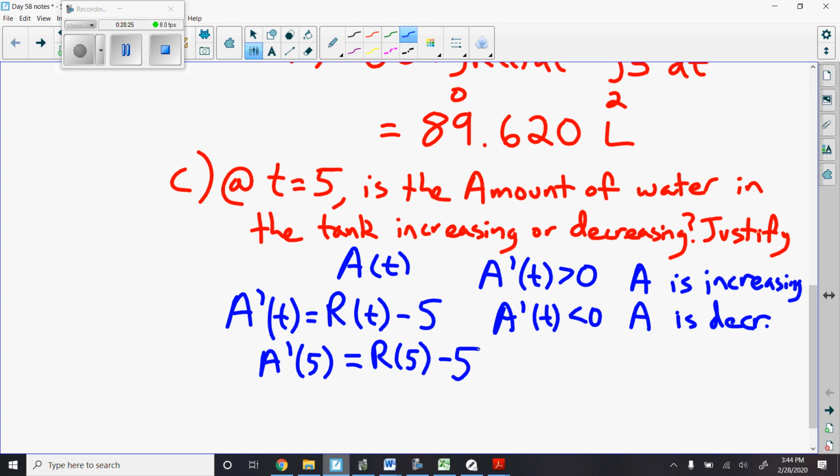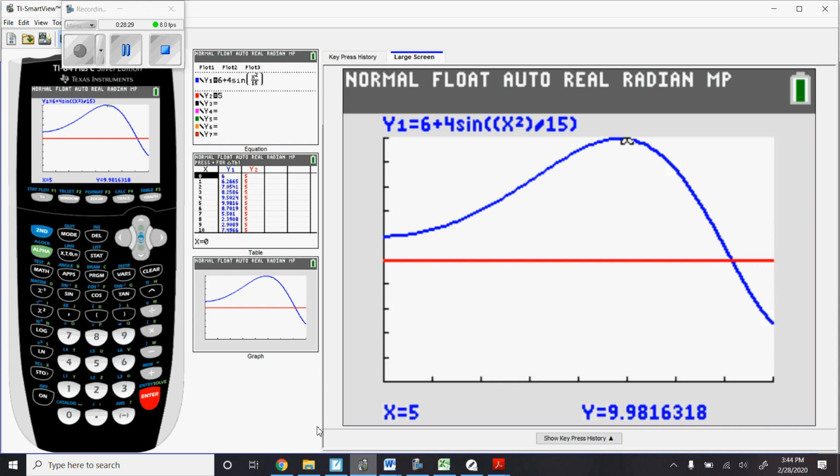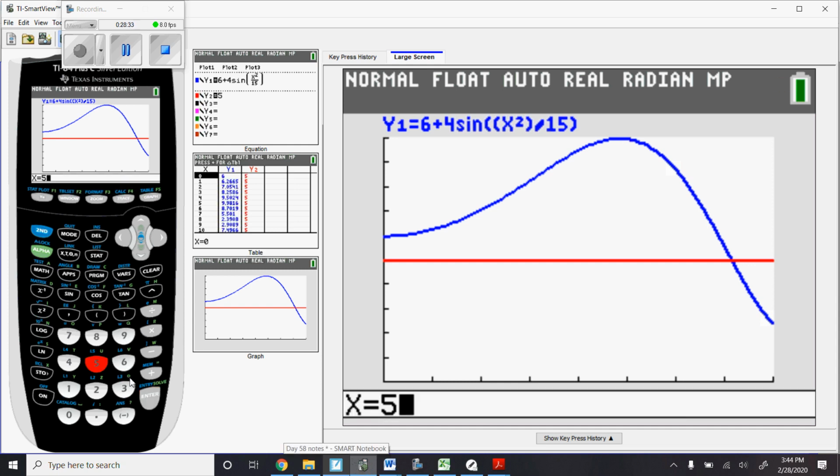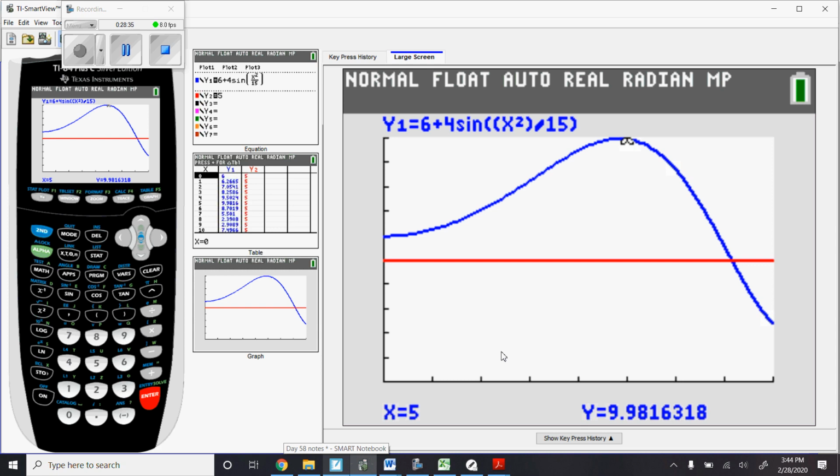I can do that on my calculator. I can get r of 5 simply by tracing. So when I go to my calculator, I can trace 5 on the blue line, and r of 5 is 9.981, or 9.982. So 9.982 minus 5 is greater than 0.